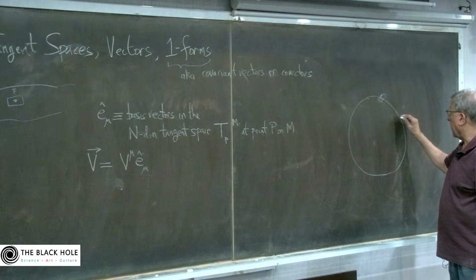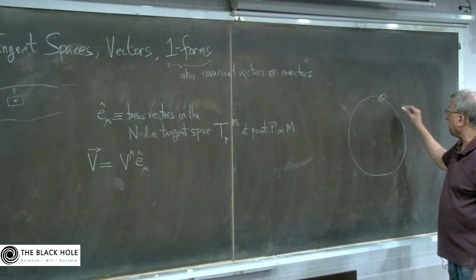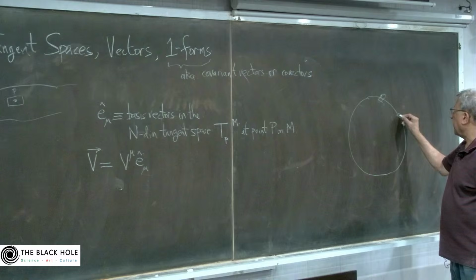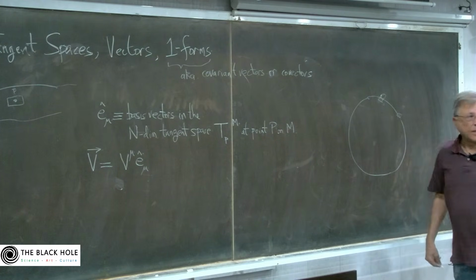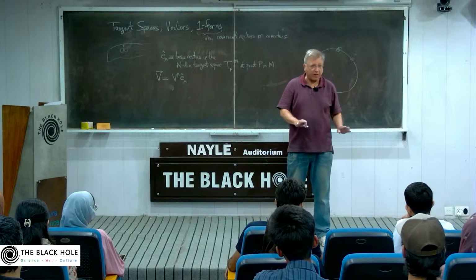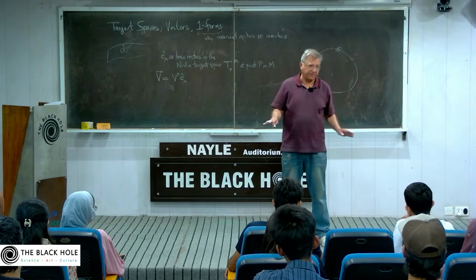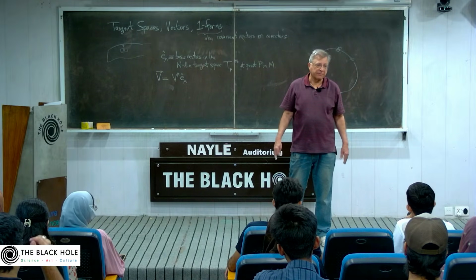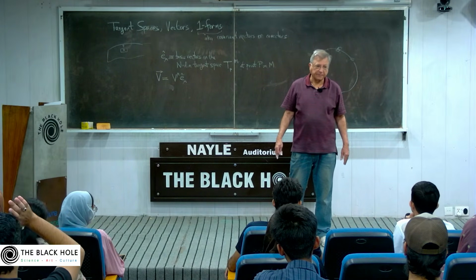At another place, so this is point P, I go to another place on the sphere and they'll be pointing elsewhere. So the basis vectors, as we go from point P to point Q on the manifold, we always have to stay on the manifold. You can't get off the manifold. Those basis vectors will be something else.